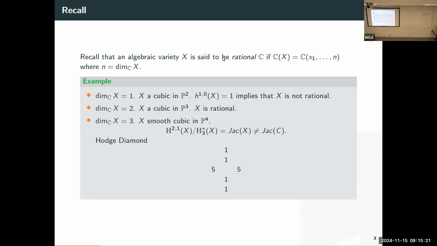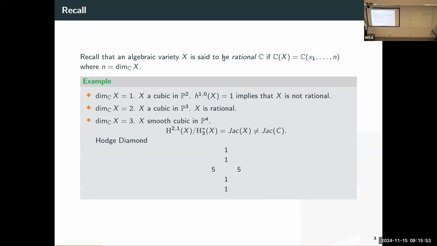And so one of the first examples where this calculation and this analysis was carried out was the example of the three-dimensional cubic, which has a Hodge diamond like this one. And as you can see, it looks very much like the blow up of P3 in some curve of genus 5.